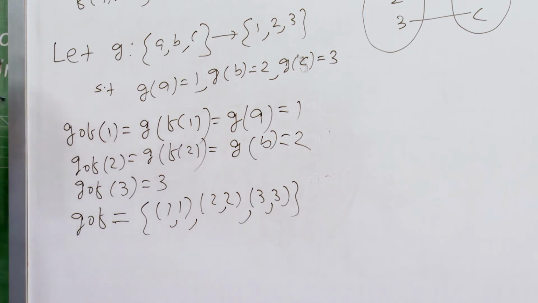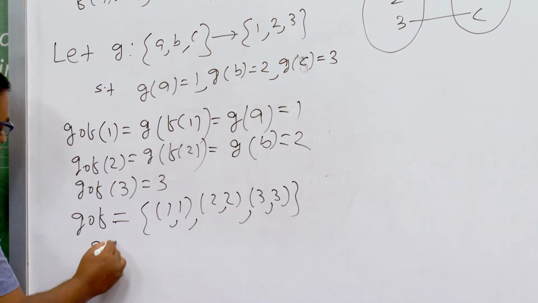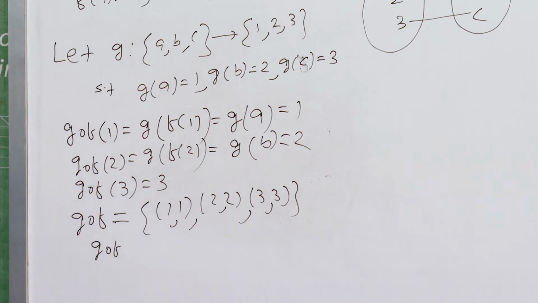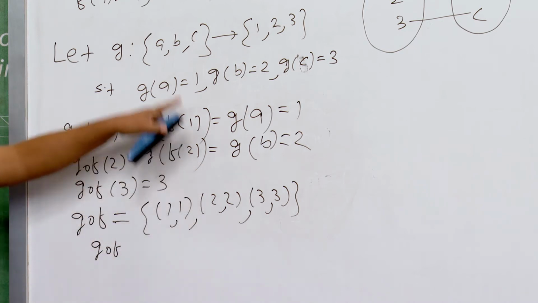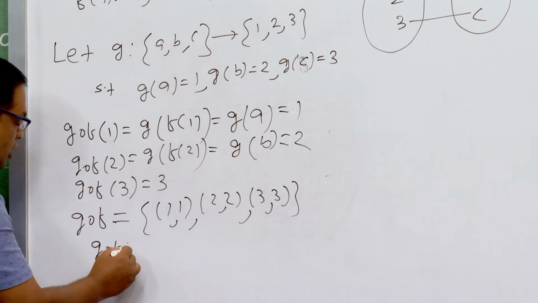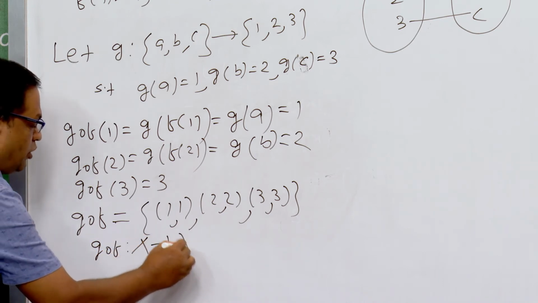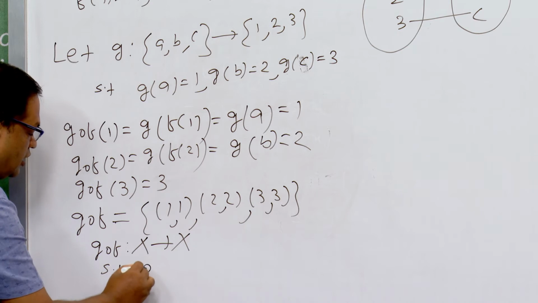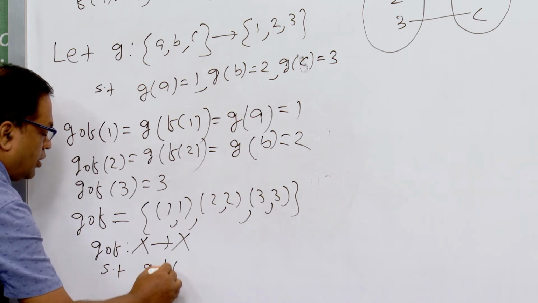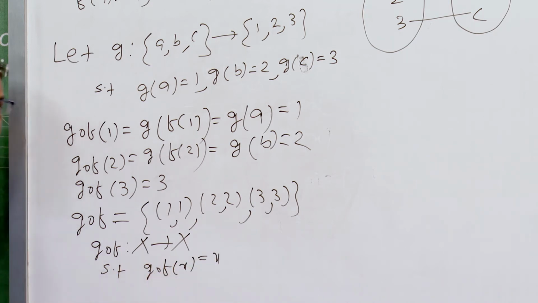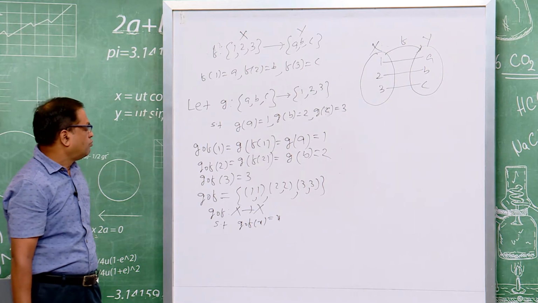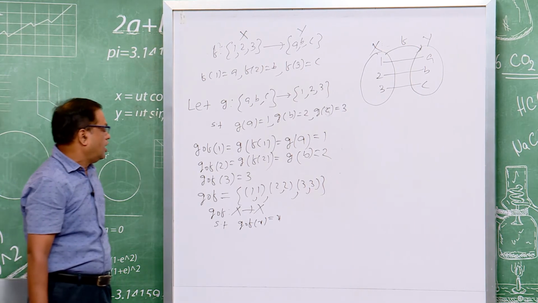3. So, G composition F, what is it? On the set X = {1, 2, 3}, G composition F is a function from X to X such that G composition F of x is equal to x.